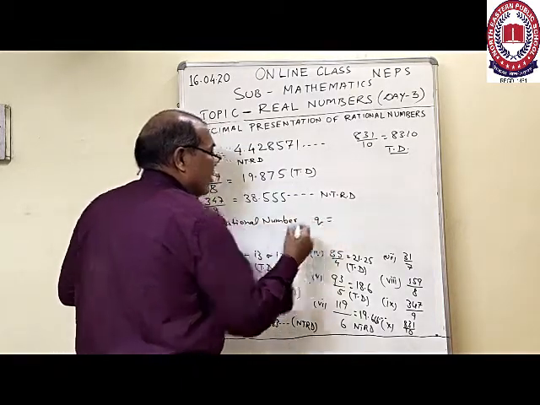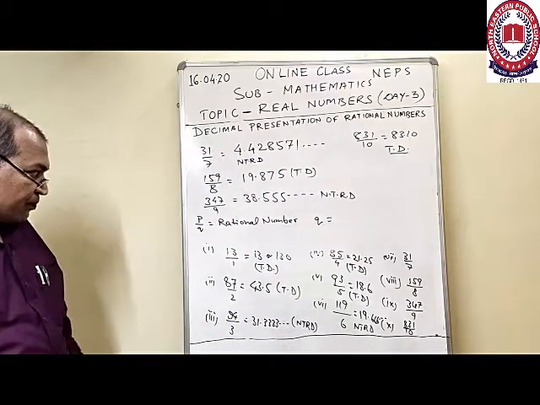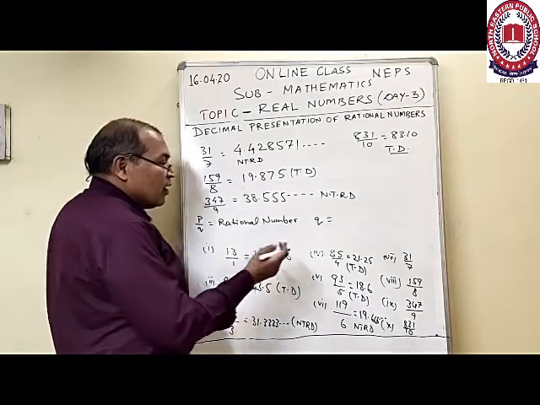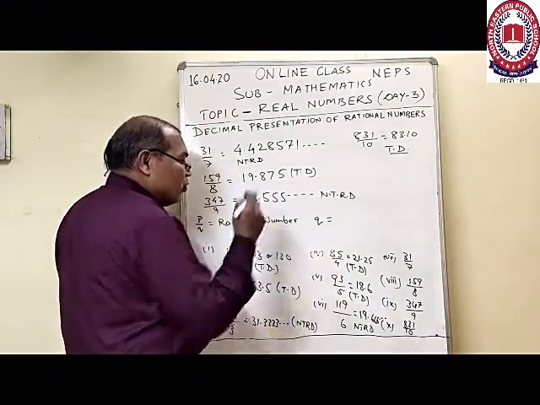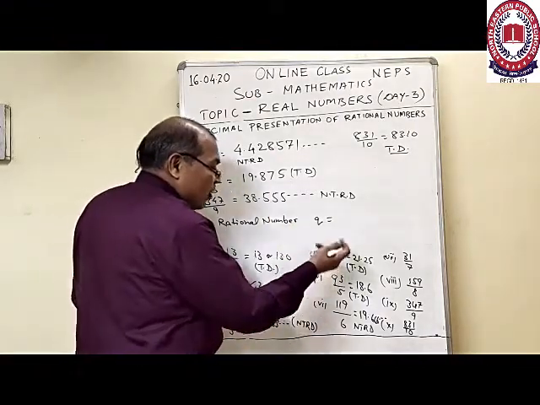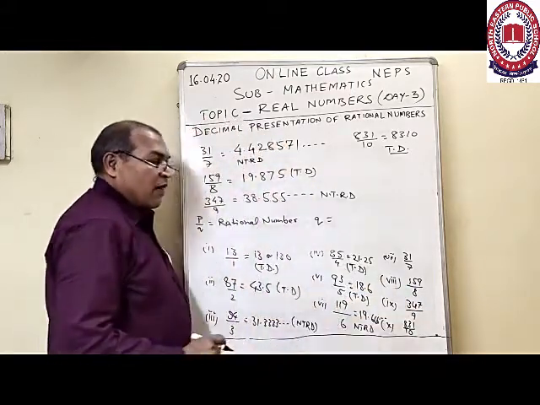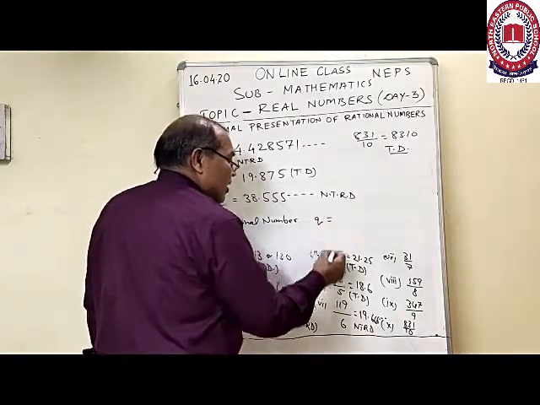Here we see the values of Q. When the denominator has 2 or any multiple of 2, just like 2, 4, then 8, in such cases we find the numbers are terminating decimals.